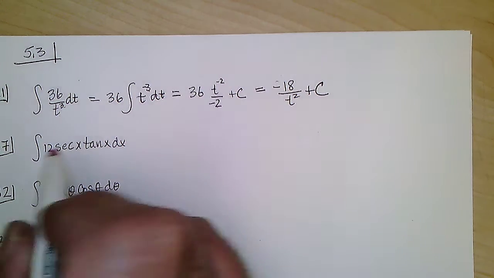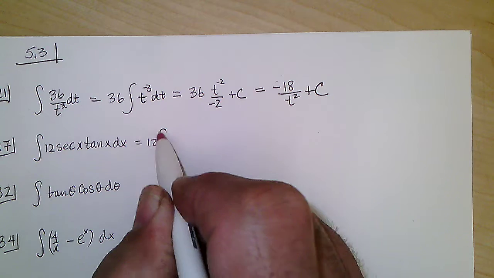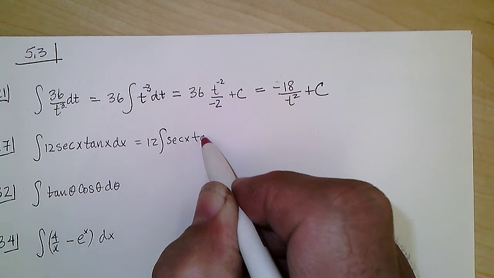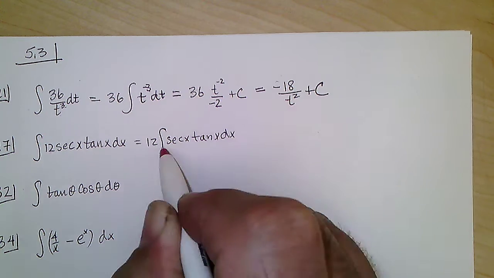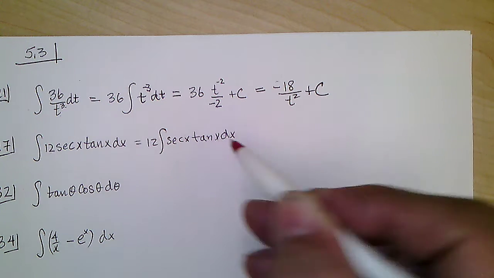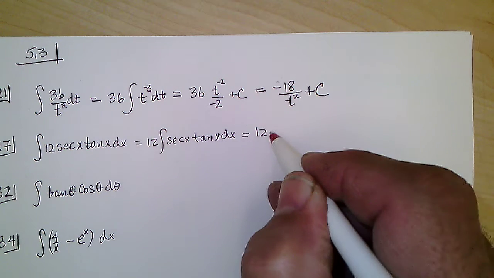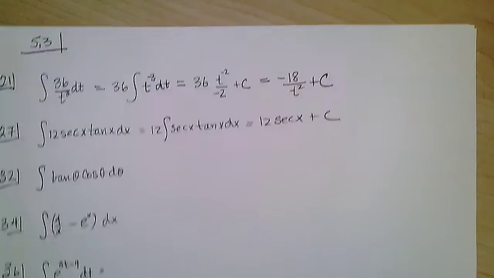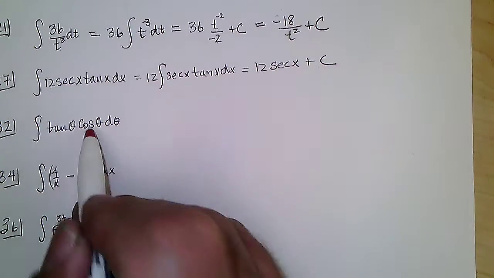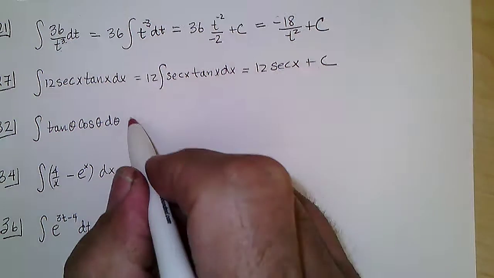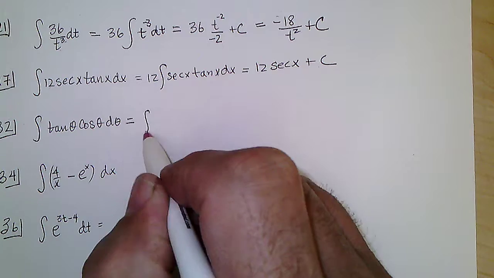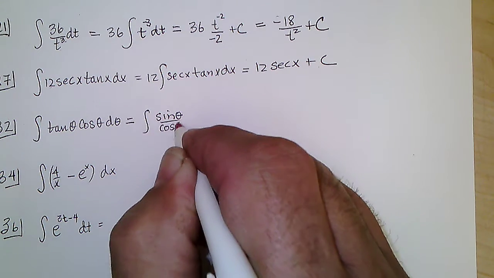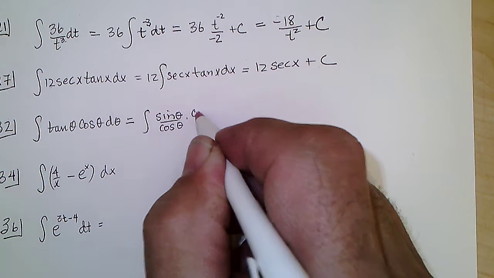On this one, the 12 can come out. And I recognize secant x tangent x dx as the derivative of secant. And so this becomes... Now, tangent cosine is not the derivative of anything special, so I'm going to use my trig rules and say tangent is sine theta over cosine theta times cosine theta.